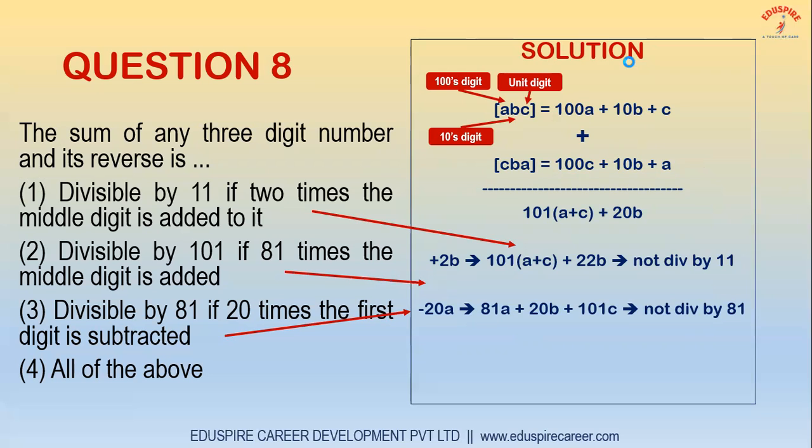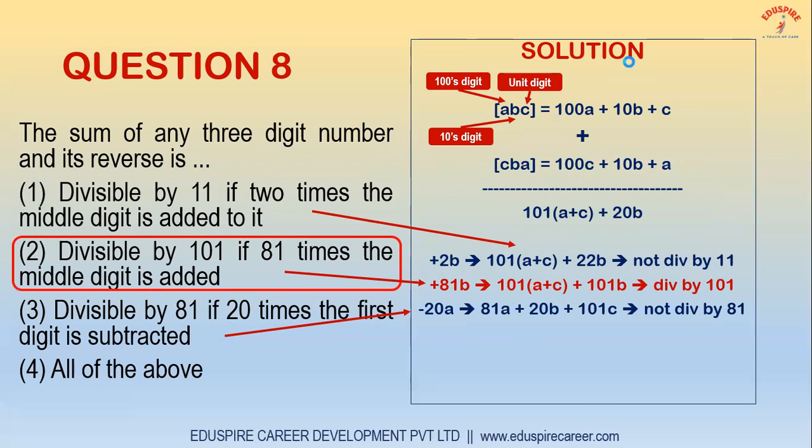Now, interestingly, if I go by option 2, you see while I add 81 times B, what I will get will give me an expression which will be divisible by 101. Hence, the correct choice that we should mark will be option number 2.